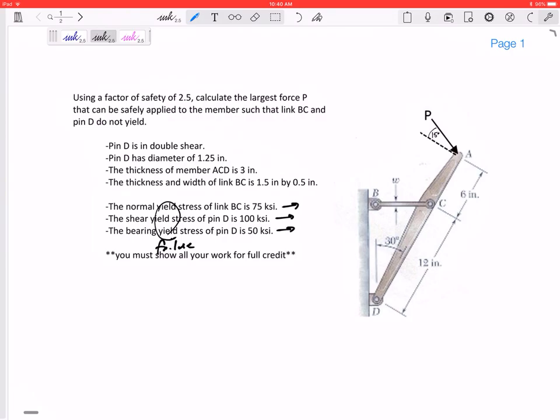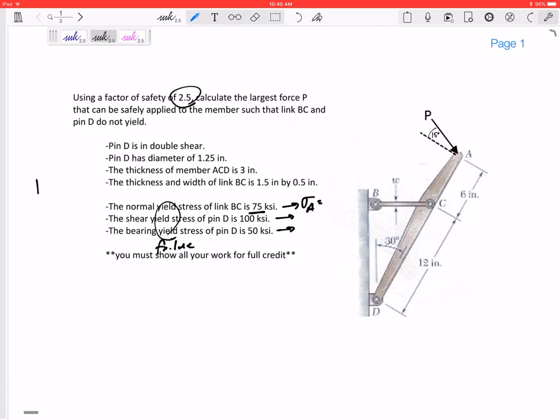So let me just real quickly show, with a factor of safety of 2.5, if we know it's going to fail at 75, then I'm only going to allow 30.